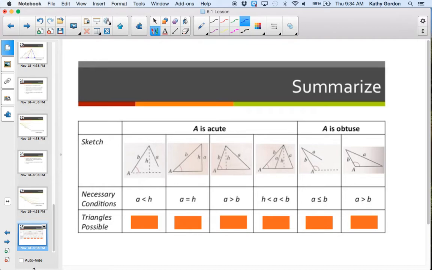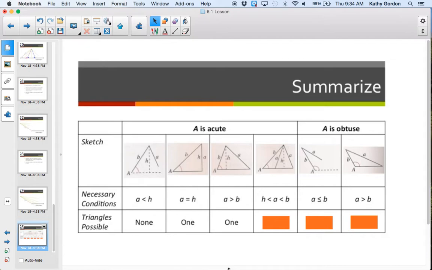So again, just a really quick recap. If A is less than H, then how many triangles do we get? How many? 0. Okay, when A is less than H and we have an acute angle, no triangles. Acute angle, but A is equal to H? 1. An acute angle, but A is bigger than B?